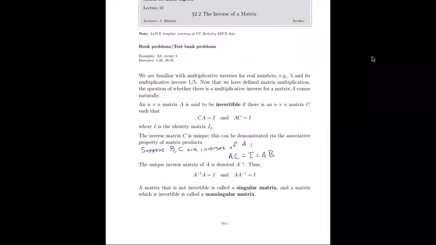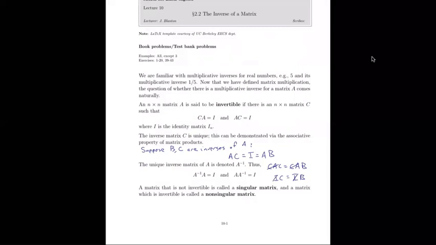If these two things are equal to each other, then we could multiply both sides by C perhaps, right? We could write something like this: CAC is equal to CAB, applying C on the left of both sides, and we'd have that this is just I as well as this, and I times C is just C, and I times B is B. We see that the identity matrices don't really need to be there.